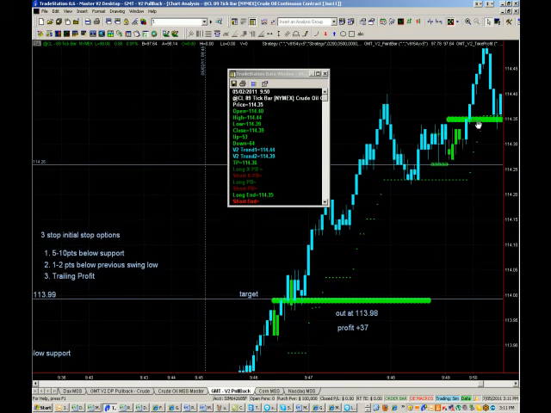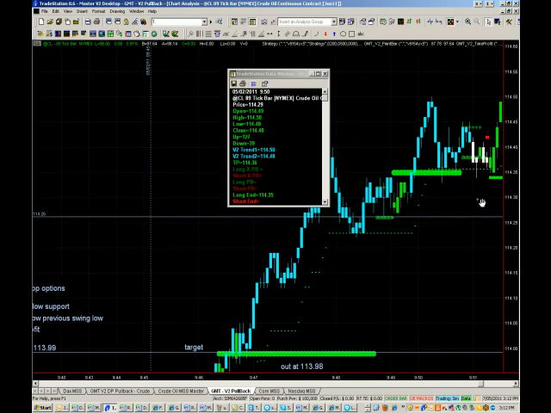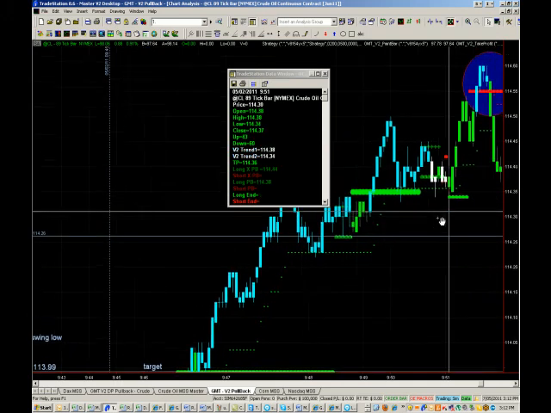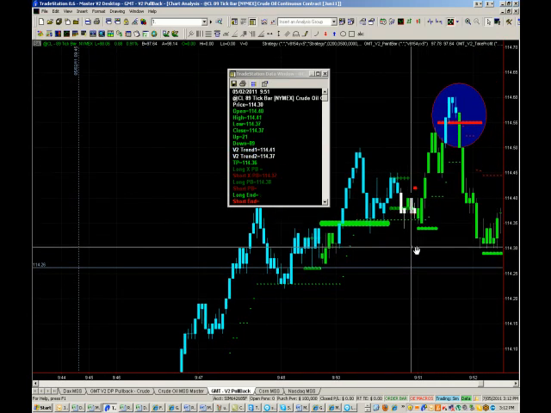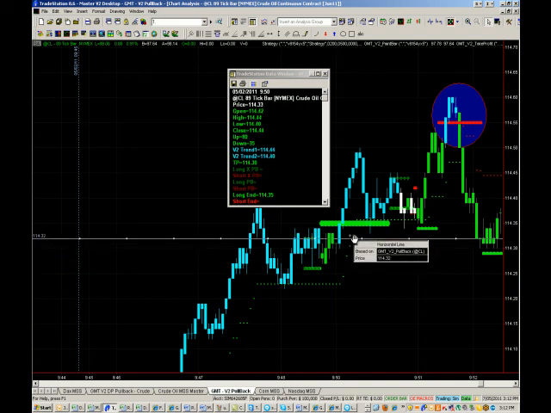So on the second scale in entry, basically your target is very, very small there. So that's something to consider when you're trading and watching these trade setups. You've got to be careful as to what kind of a target you run, and if your target presents like that, then what I generally do is move my stop to break even, because that's telling me that potentially we're at the end of the trend.